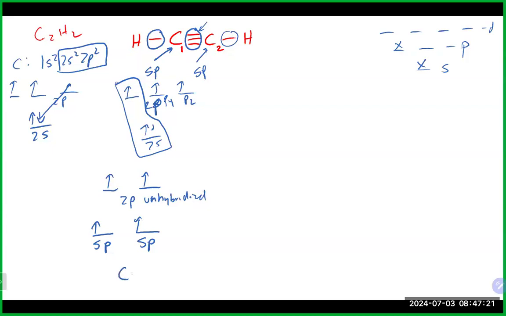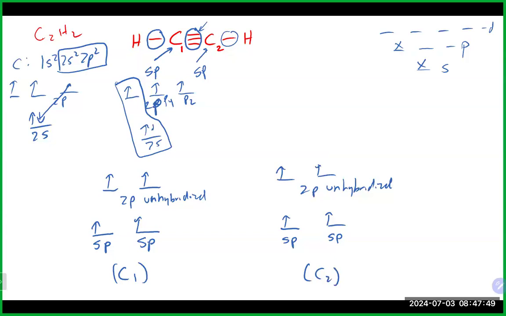And this would be what we're seeing for our first carbon there on the left. Our second carbon is hybridized the exact same way, with two sp hybrid orbitals and two unhybridized p orbitals, or py and pz orbitals, and that should be carbon number 2.